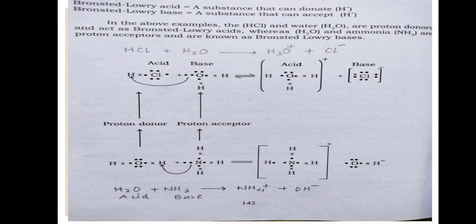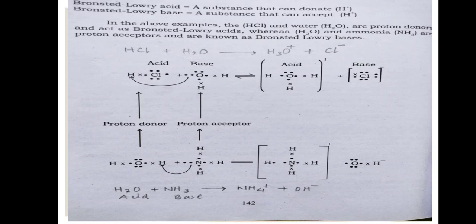Look here, hydrochloric acid is reacting with water, H2O. Here HCl is an acid, that is why it is donating one proton to water, which is a base. So the base is accepting that H plus ion or proton and forms the hydronium ion, which is H3O plus.